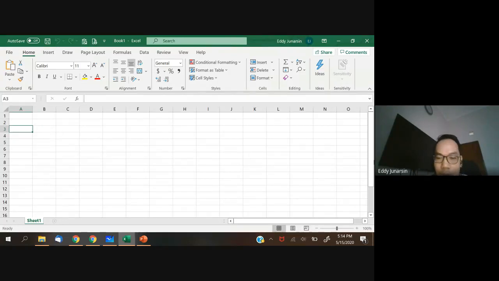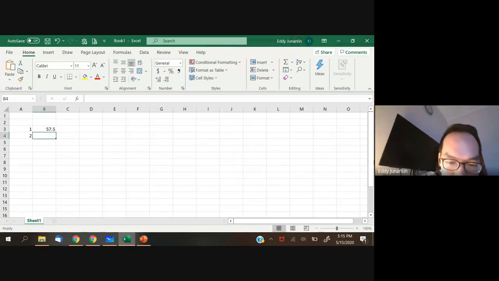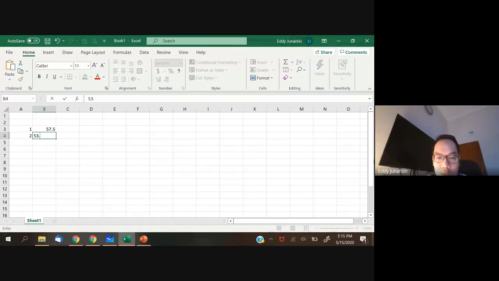So this is 5750, and this is 5375. The present value of the first one is 5750 divided by 1 plus 7.5% to the power of 1.